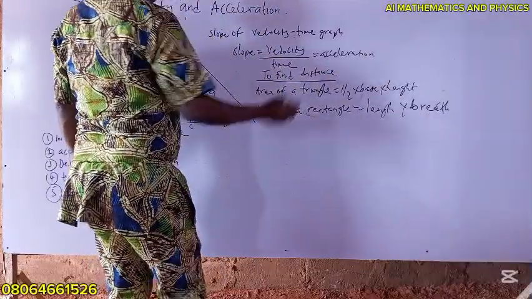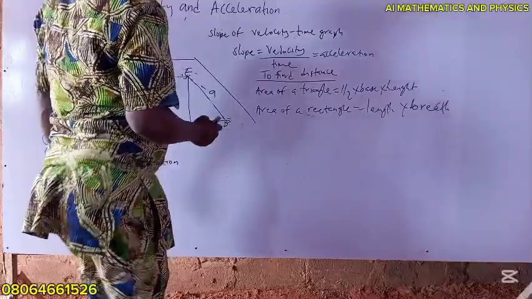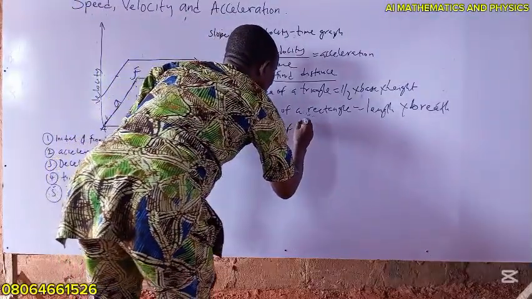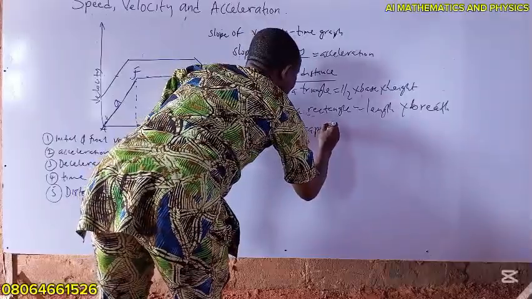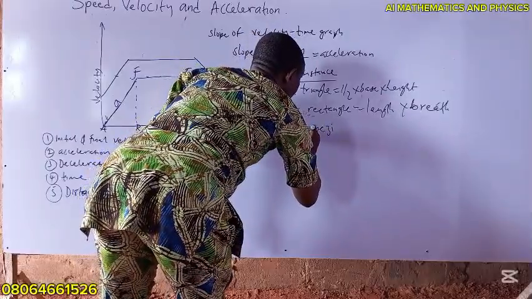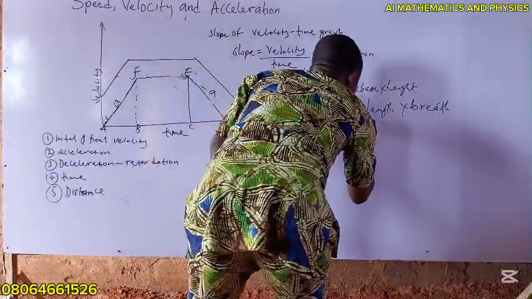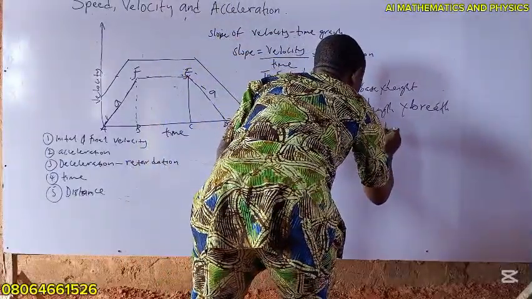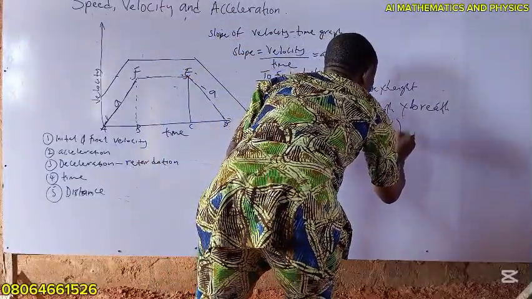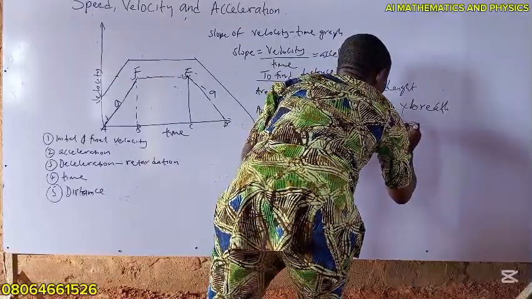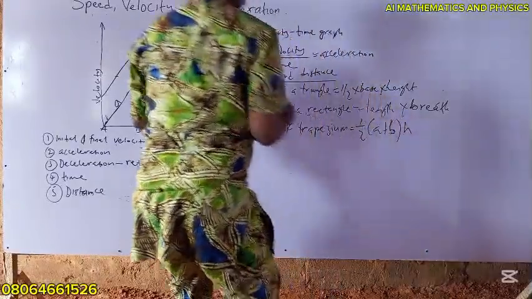Area of a triangle, area of a rectangle, and area of a trapezium, which is half into bracket A plus B times height h.